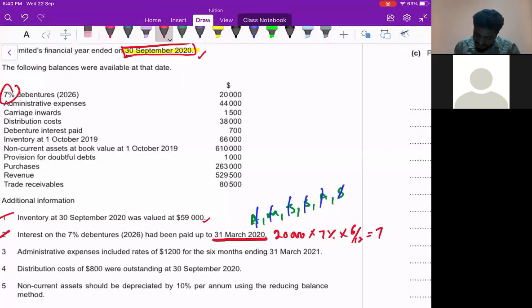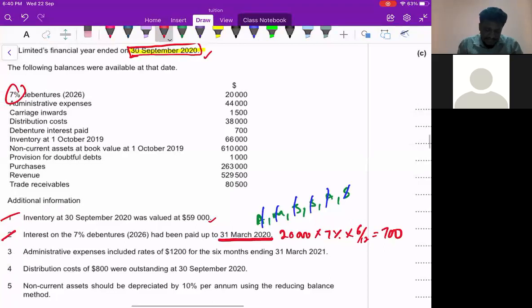I get 700. It means this 700 is the one that you paid for the first 6 months. The next 6 months you haven't paid, which is another 700. So I plus 700. You understand? Altogether, 1 year is 1,400. The 700 that you paid is already in the trial balance.